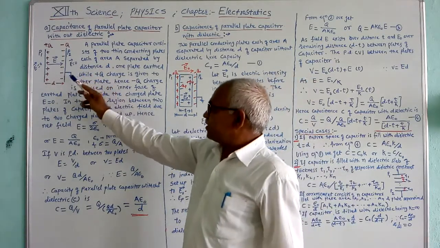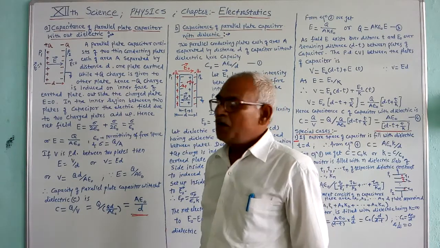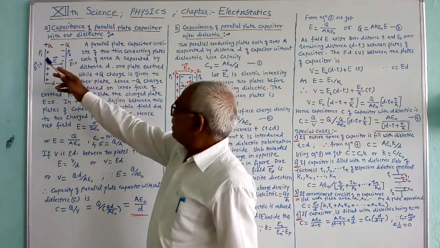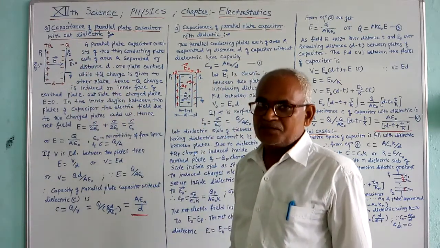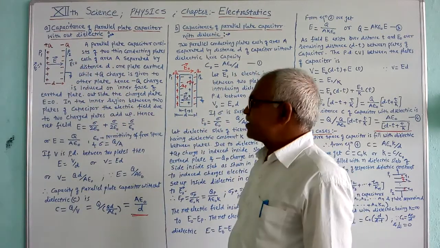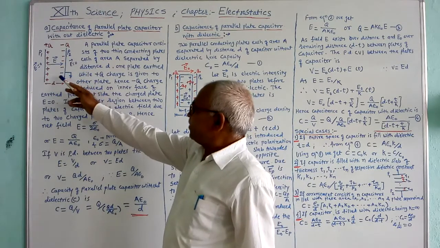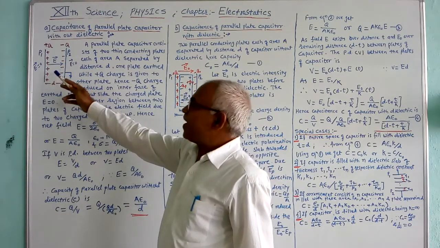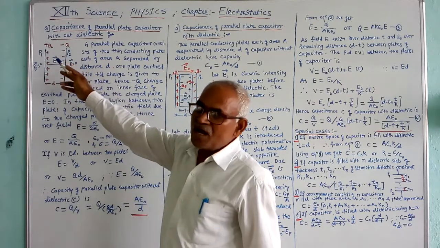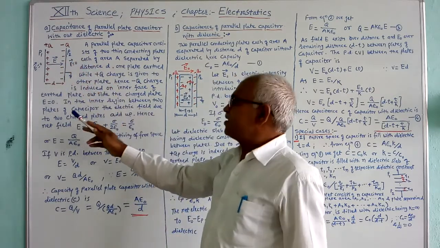One plate is earthed, while the other plate is given a positive charge of magnitude Q. Due to this, a negative charge of the same magnitude is induced on the inner part of the earthed plate.